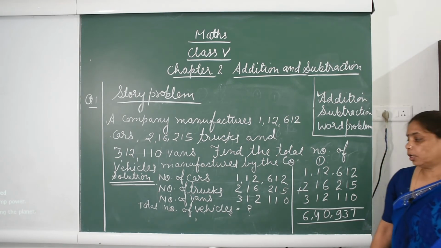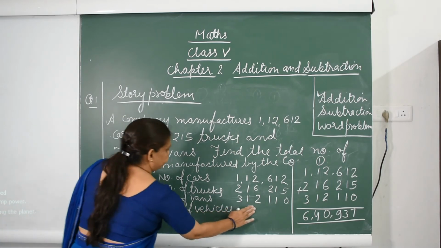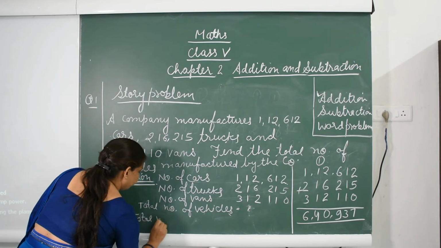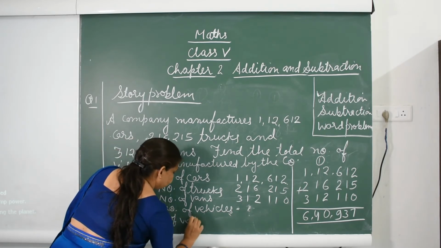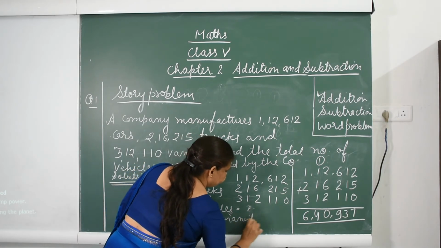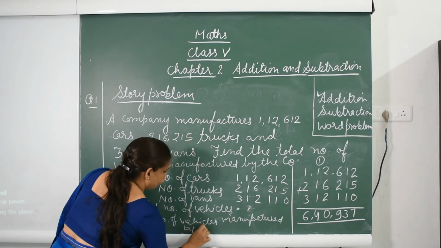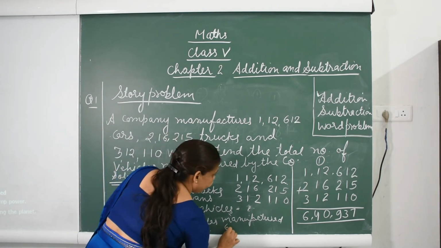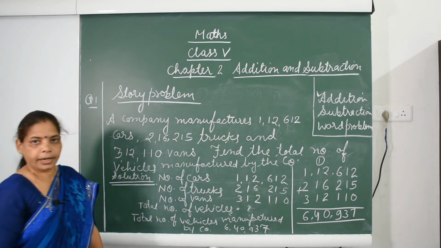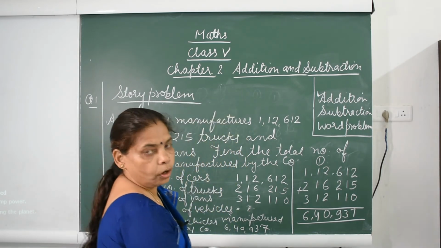So therefore the total number of vehicles manufactured by the company is 6,40,937. Understand children? Now I hope all you understand.